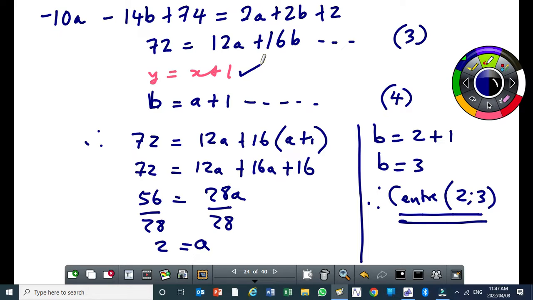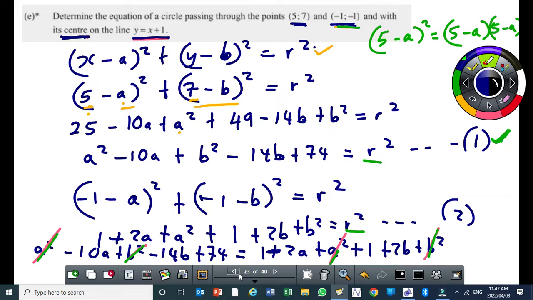Okay, if the center was not along the line, we cannot substitute. But for this question, we were told that the circle has its center on the line y equals x plus 1. The center of the circle is along the straight line.